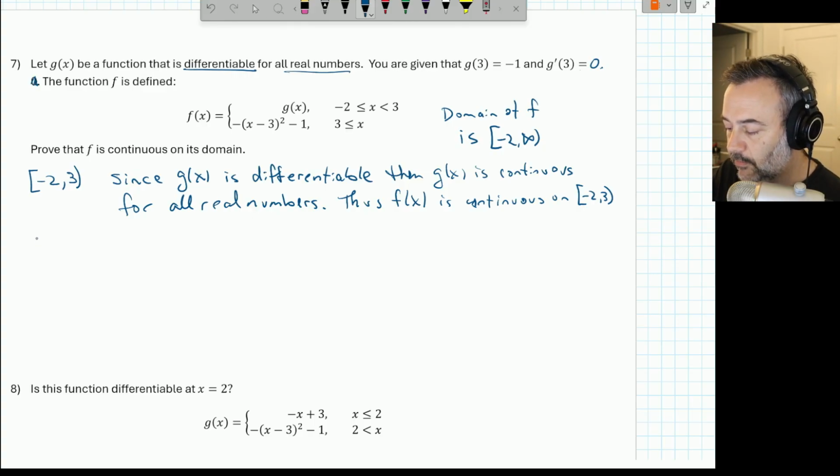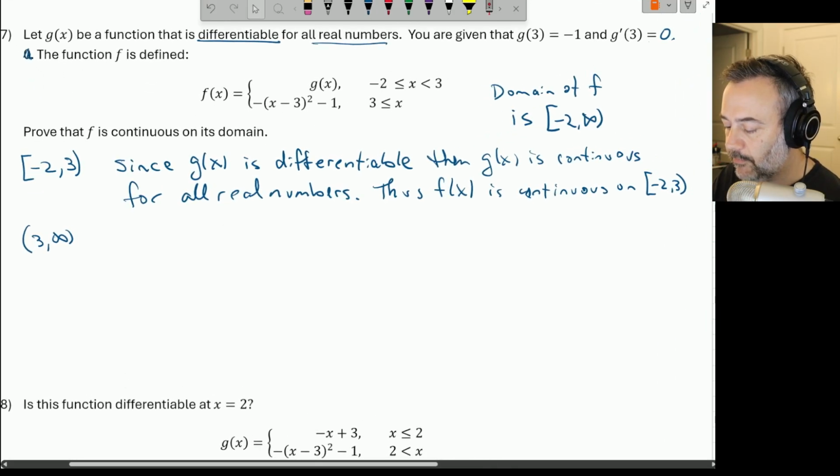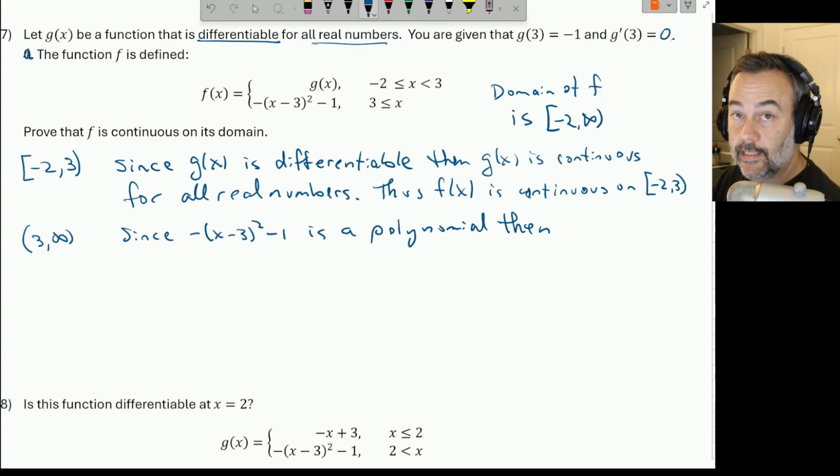Okay, what about the interval from 3 to infinity? We have to be careful not to include 3 because we have to do that one separately. For 3 to infinity, since negative x minus 3 squared minus 1 is a polynomial, you can just state this without saying anything more.